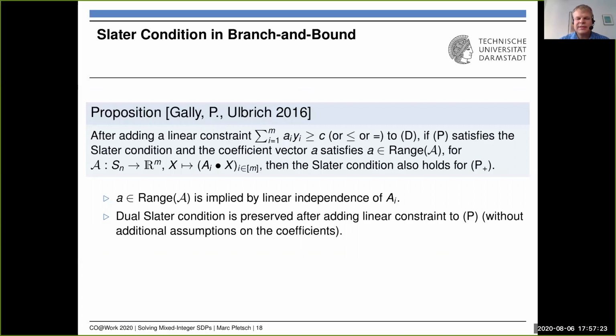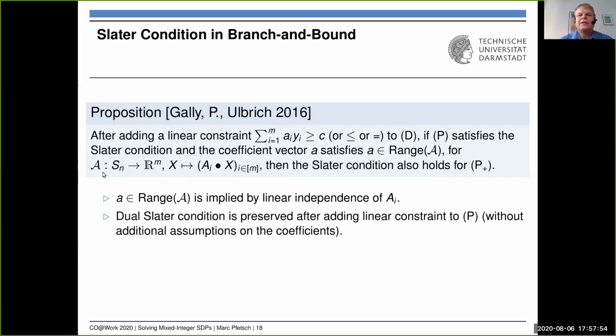So here is a proposition about Slater's condition. It says the following: if we add a linear constraint like this on the y variables to the dual, and the primal satisfies the Slater condition, and the coefficient vector a of this linear constraint is in the range of the linear operator A that is given here.